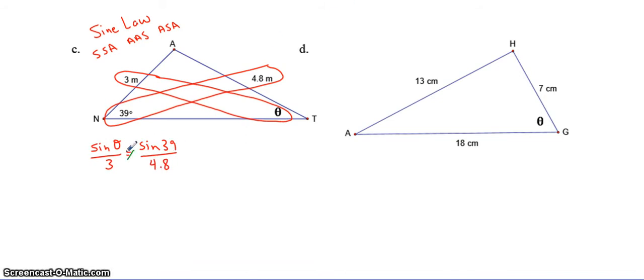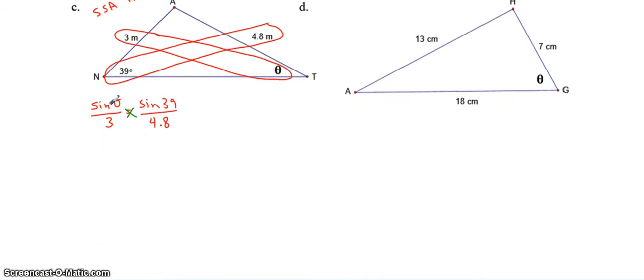Again, cross multiply. And that's 4.8 times sine theta equals 3 times sine 39. Now, a lot of people divide by 4.8 sine to get theta by itself, but what you have to do is get sine theta by itself. So you're going to divide both sides by 4.8 only.